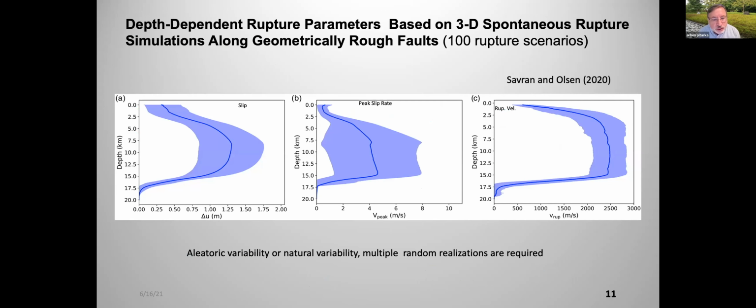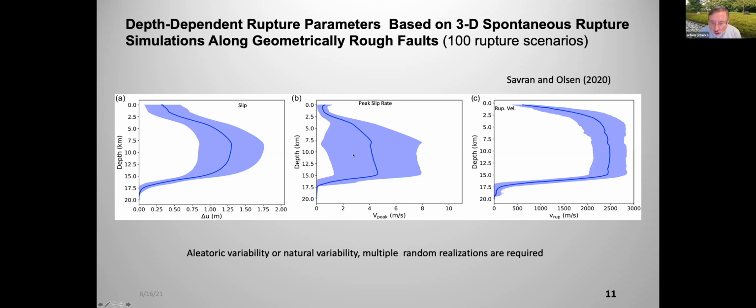And of course, as I mentioned, in order to get good knowledge about the variability in our physics and get it represented very well in our simulations, we need a lot of rupture scenarios, realizations of rupture dynamics, to understand how these different parameters correlate with each other. You can see that there is a really nice correlation between them for this set of data that was analyzed by Savran and Olsen.